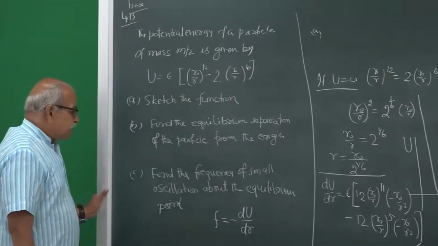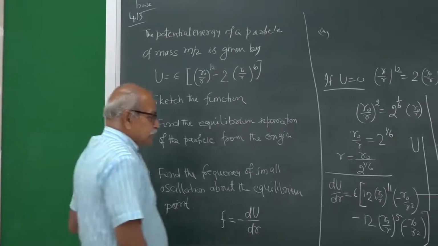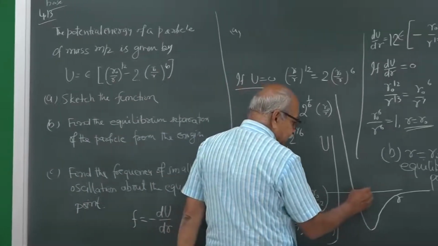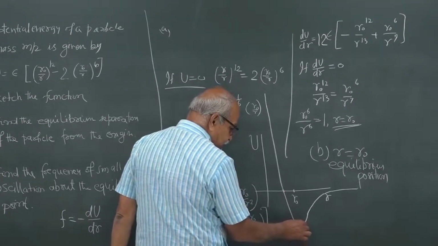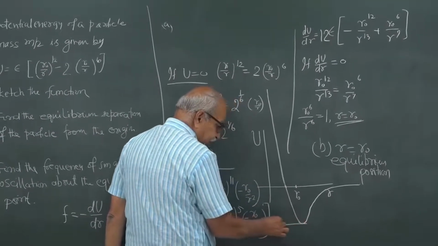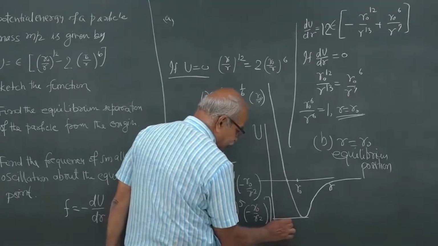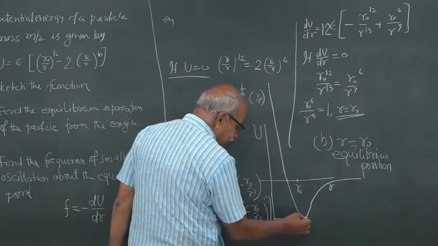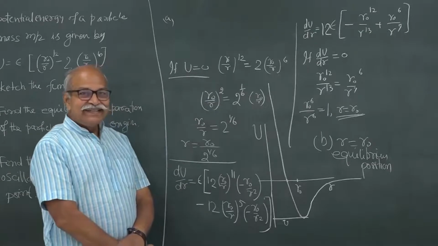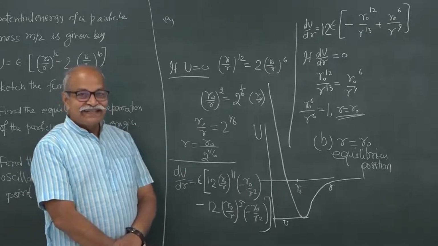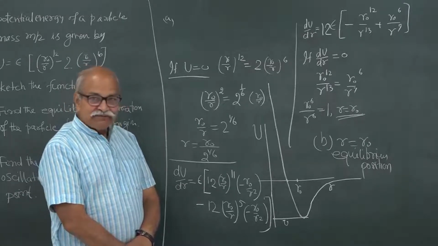Then the C part, find the frequency of small oscillation about the equilibrium position. So, if the particle is here and if this is the total energy, and total energy is equal to the potential energy, then the kinetic energy is 0 and the particle does not move.